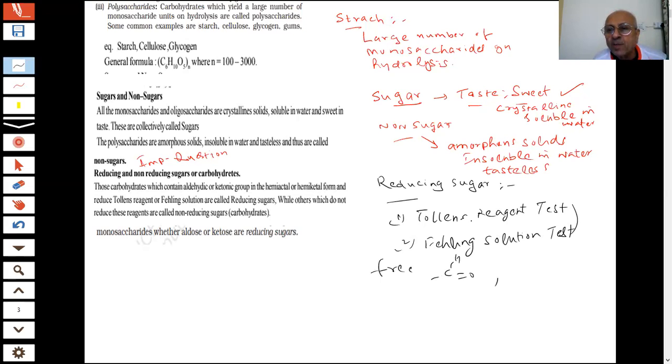If there is a free CHO group, they will give the Tollens' reagent test, the silver mirror test, and the Fehling's solution test. You have seen the red Cu2O, a red colored precipitate, is formed. So the reducing sugars give this type of test. The condition is there should be a free functional group, student. They should have a free CHO or C double bond O group present. Unless that group is present, this test will not be given. Therefore, there are two types of sugars, reducing and non-reducing sugar.